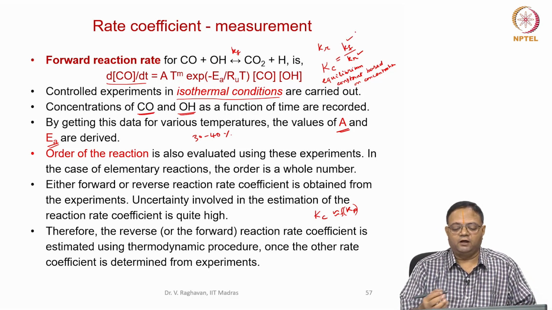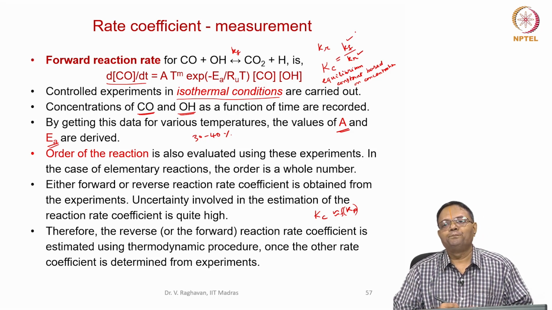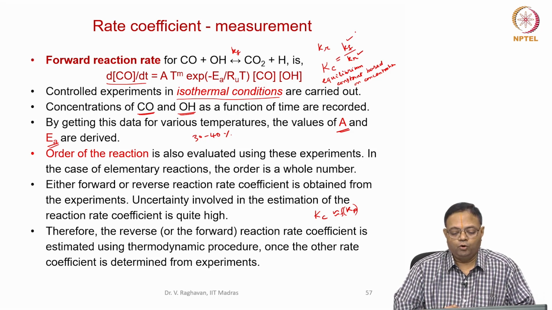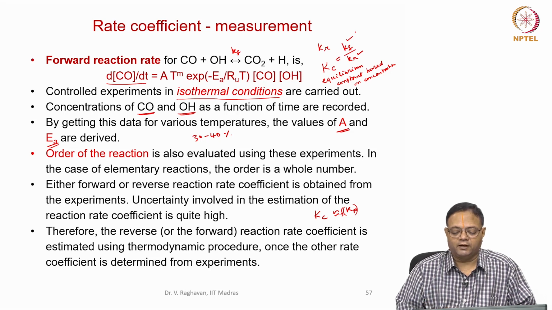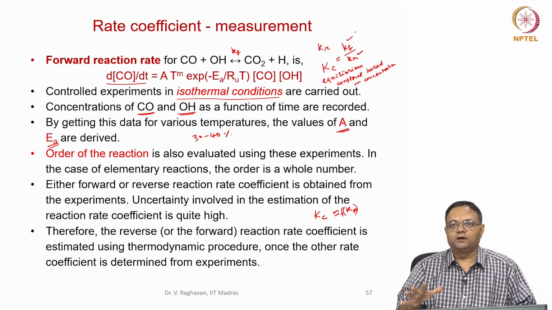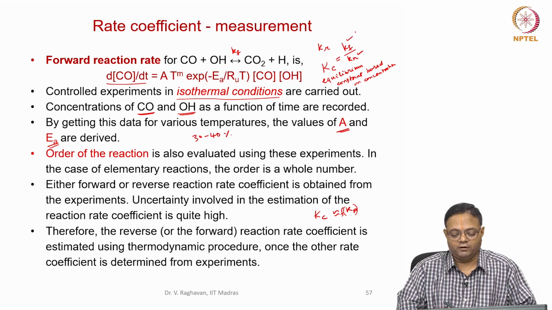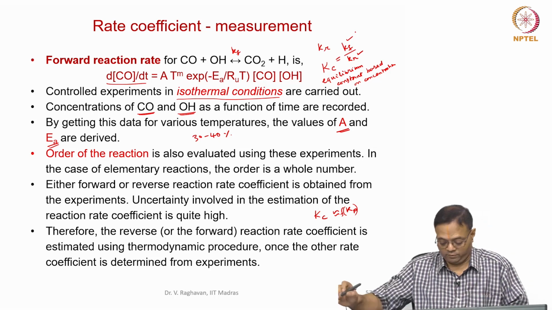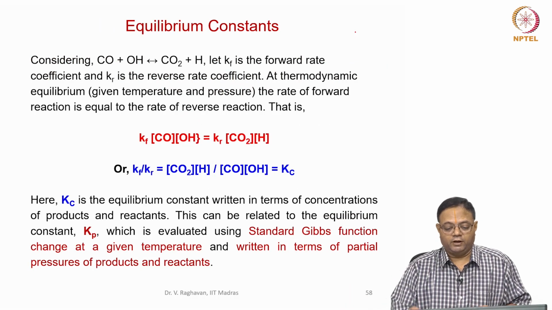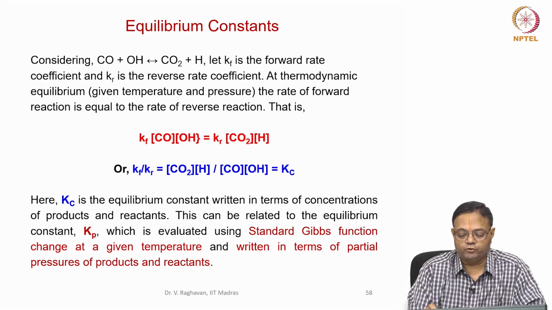Do you understand? So, that is the way I can reduce the uncertainty, because thermodynamics is much more accurate, in the overall forward and backward reaction rates by using the thermodynamics procedure. Okay, that's what I was trying to show you quickly.